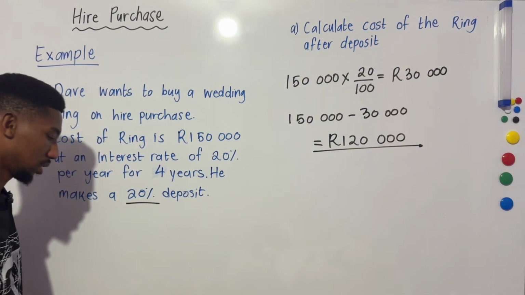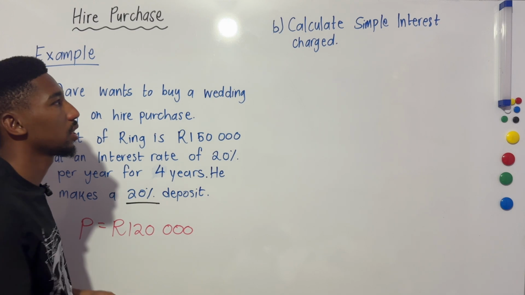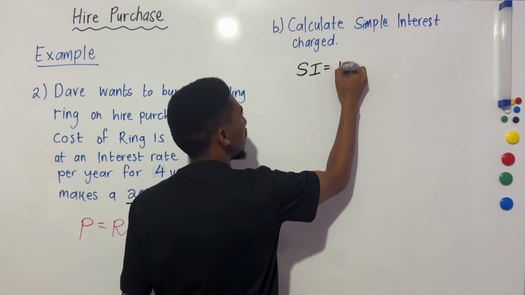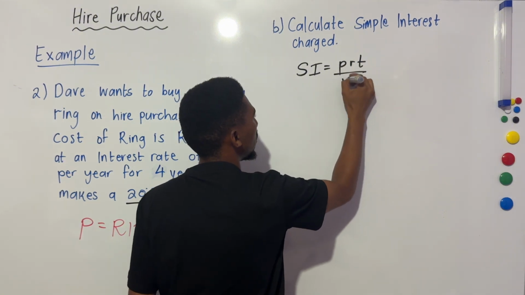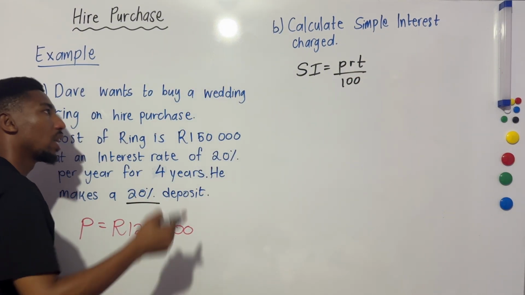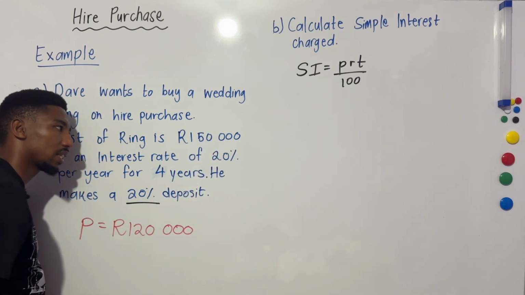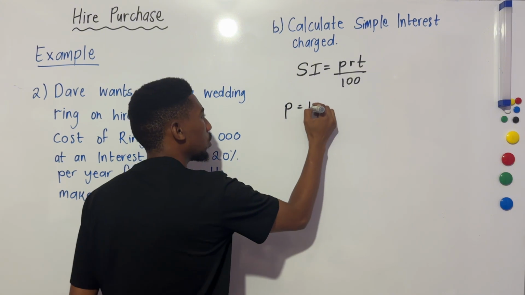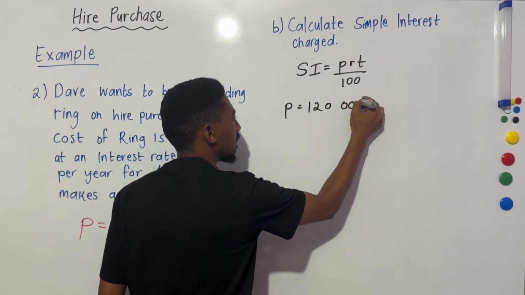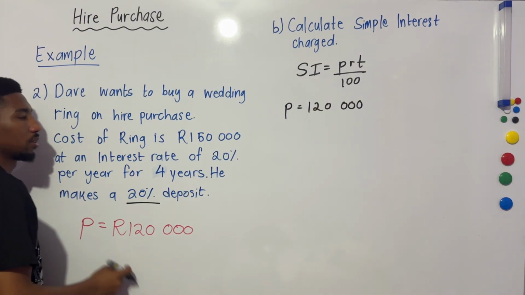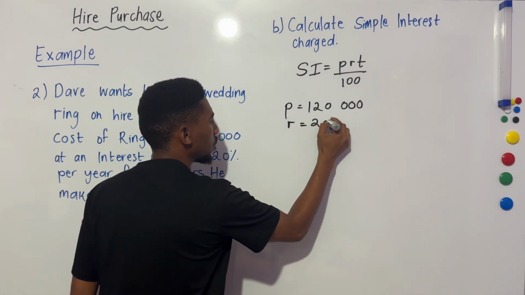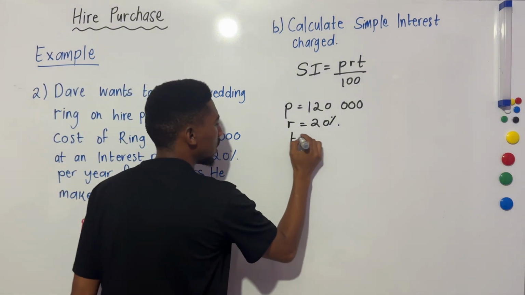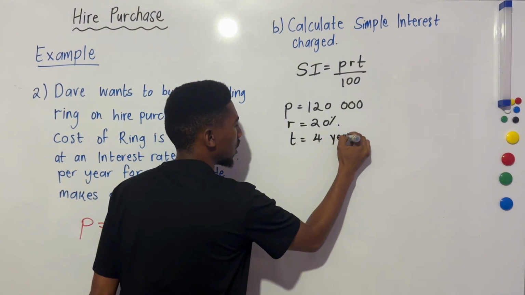Very important information. The next question says calculate the simple interest charged. Again, we know the formula of simple interest is SI = PRT over 100. We know that P is no longer 150,000 simply because he paid a deposit. So P is equal to our previous answer, which is 120,000. The interest rate is also 20%, and T is equal to 4 years.